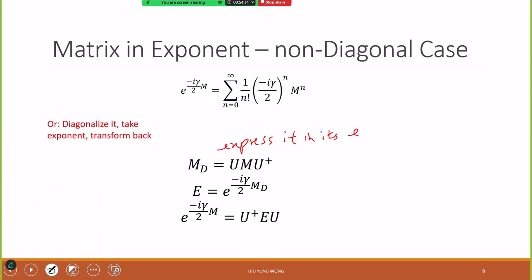And you will see this in assignment 4. For example, for sigma x, you express it in the plus-minus coordinates. If it is in plus-minus coordinates, then it's diagonal, right? Then you can directly take its exponentiation because it's diagonal. But after that, transform it back to the previous coordinate system.